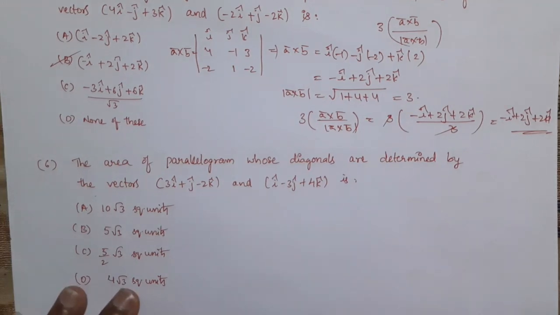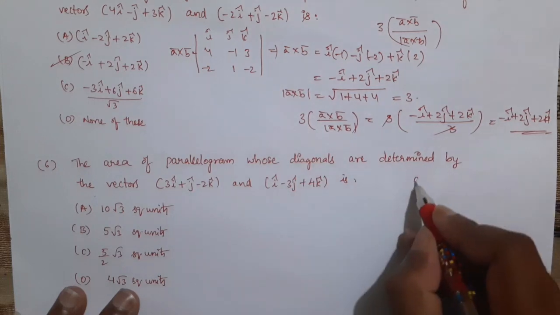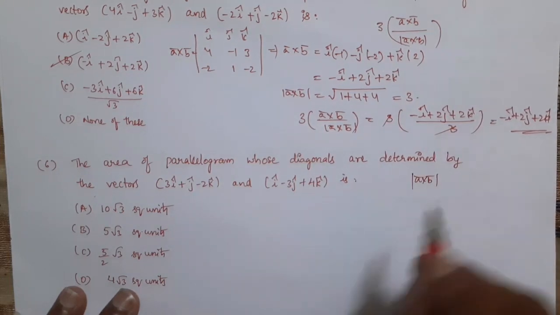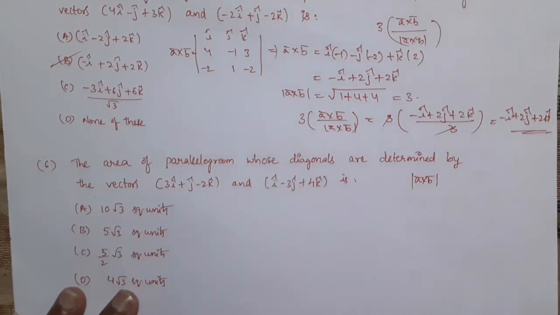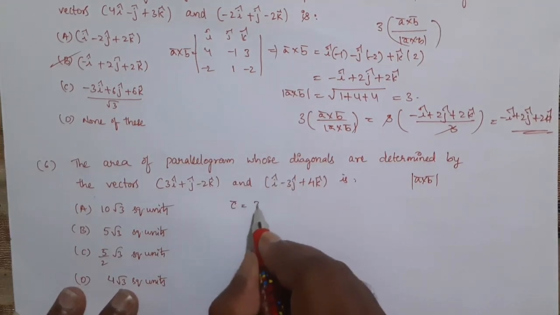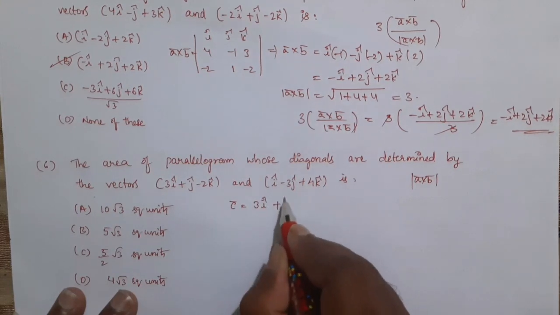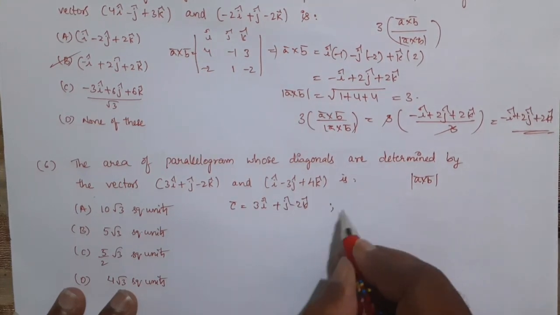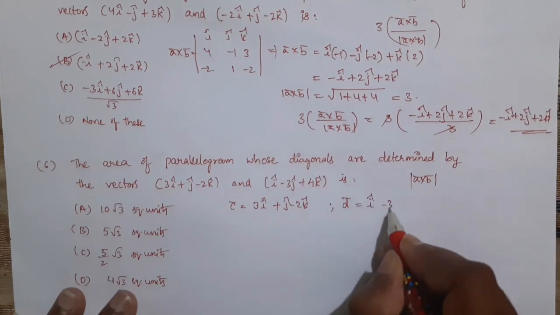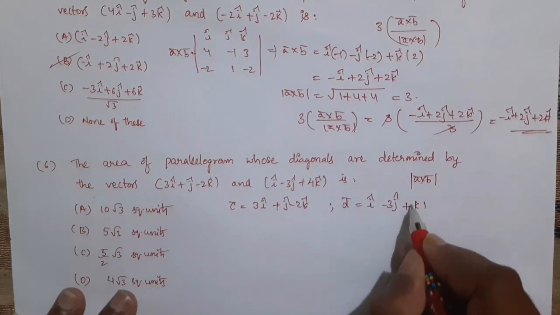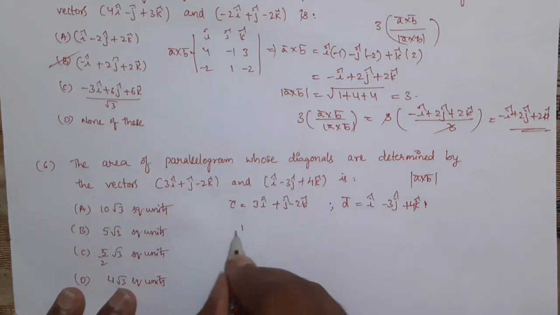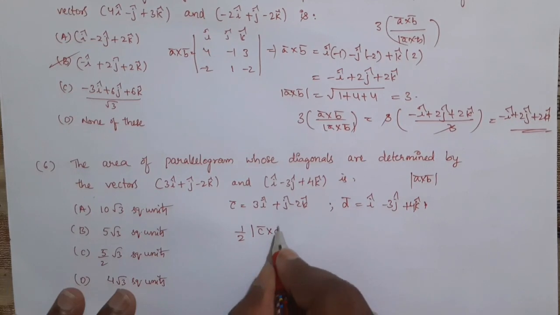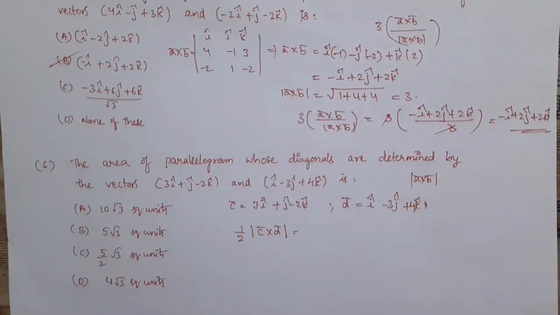See, previously I told, when they ask area of parallelogram, that will be modulus of a bar cross b bar, but when they ask whose diagonals are determined, for example, this will be considered as c bar, 3 i cap plus j cap minus 2 k cap, and then d bar as i cap minus 3 j cap plus 4 k cap, and then area of parallelogram whose diagonals are determined means that formula is modulus of c bar cross d bar. So this is the formula for area of parallelogram when diagonals are given.